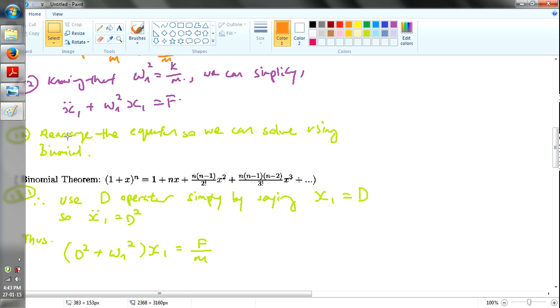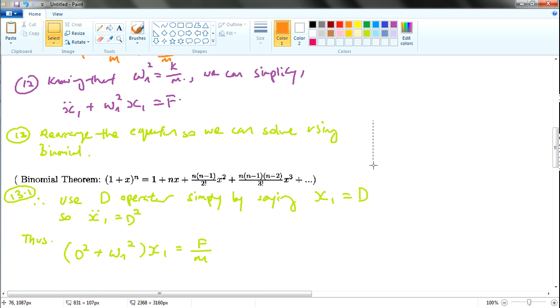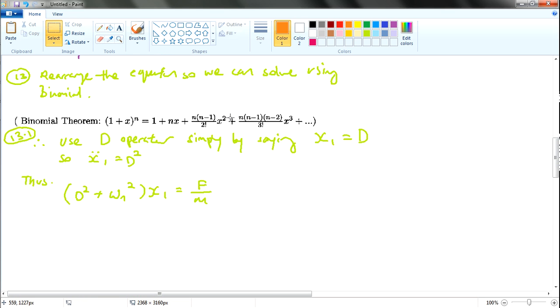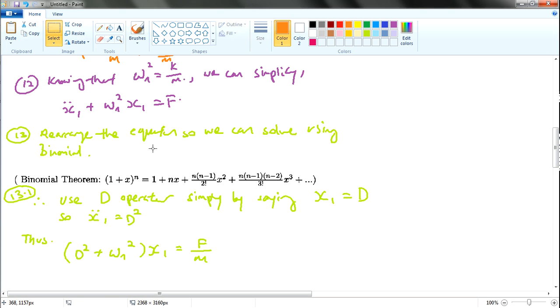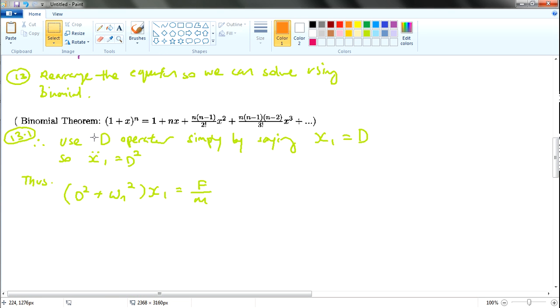And then for step 13, we rearrange the equation using the binomial theorem, where the binomial theorem is (1 plus x) to the power of n. Okay, 1 plus x to the power of n is equal to a huge series of stuff. Don't be intimidated by this.